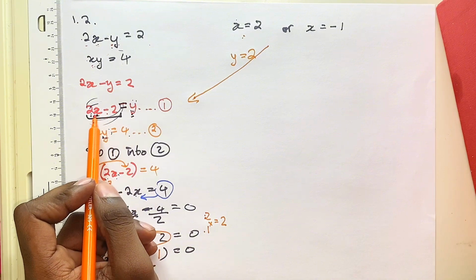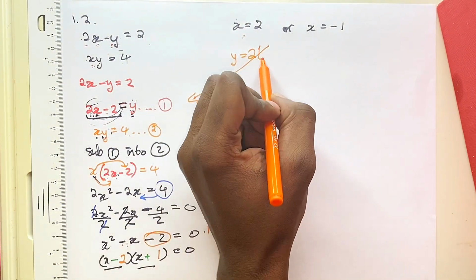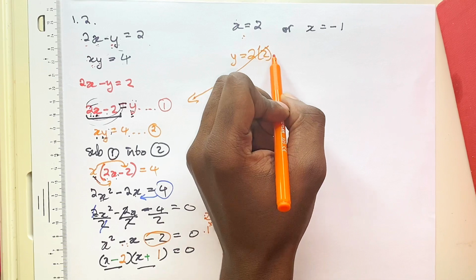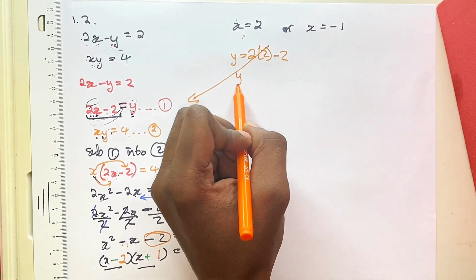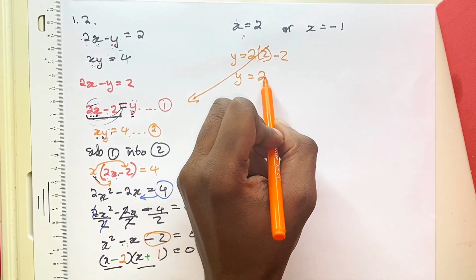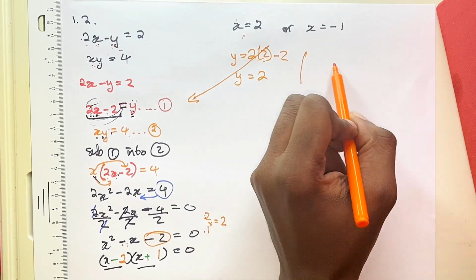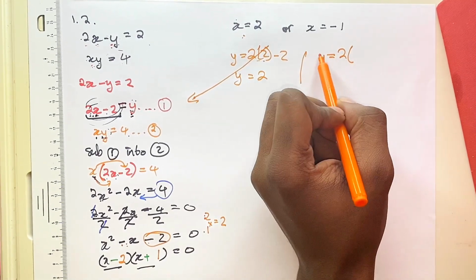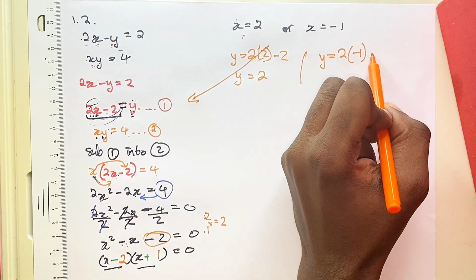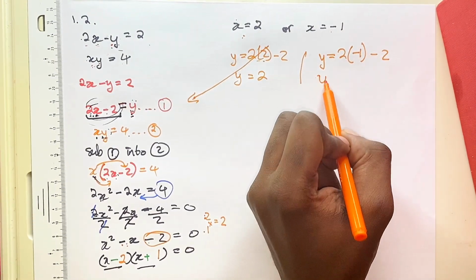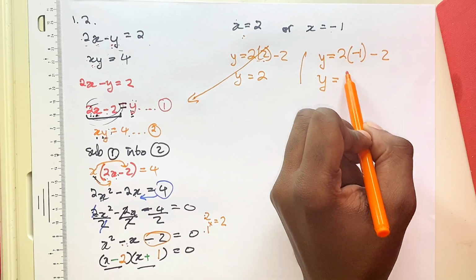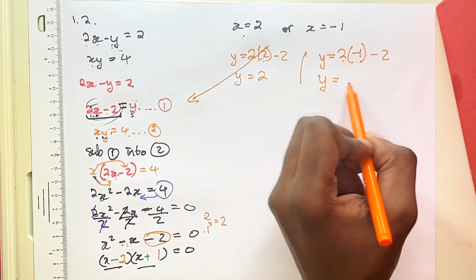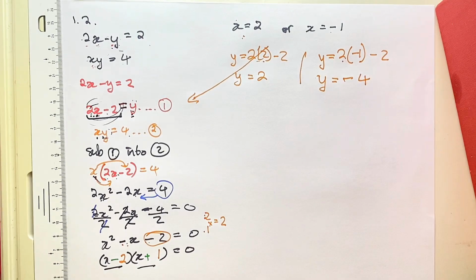So in the place of x, I am now going to substitute with 2. So I have 2 times 2 minus 2, which is 4 minus 2 is 2. Or on this side, I'm going to have 2 into, put the value of x, which is minus 1, minus 2. So my y will be equal to minus 2, which is minus 4.